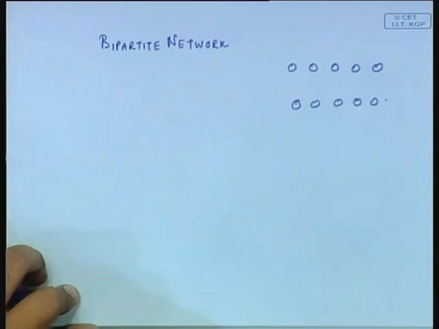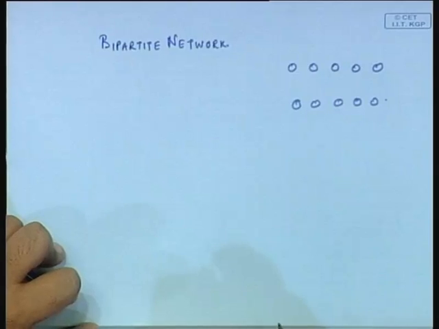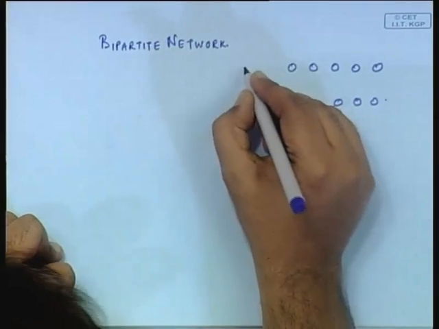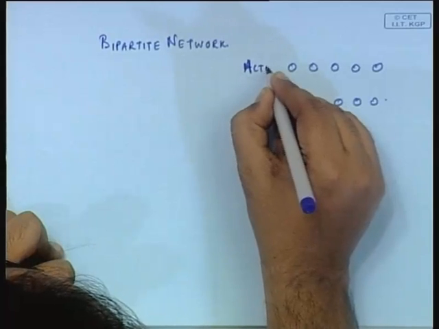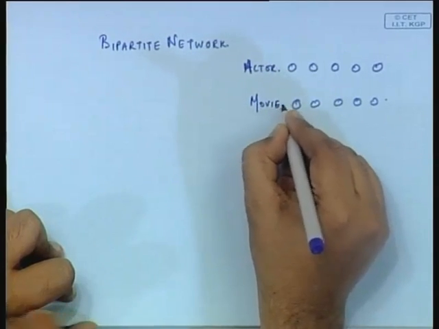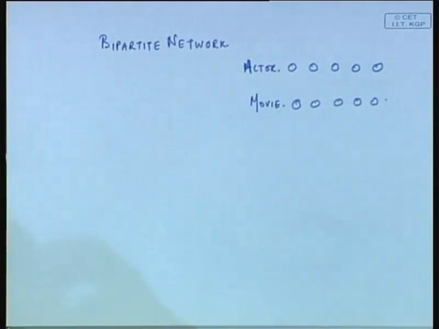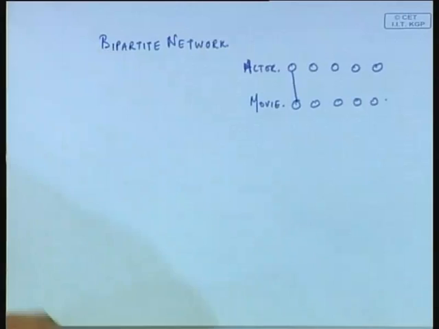Classical example of a bipartite network, the movie actor network. Okay. We can have actors, we can have movies. An edge is there if an actor has acted in a movie.